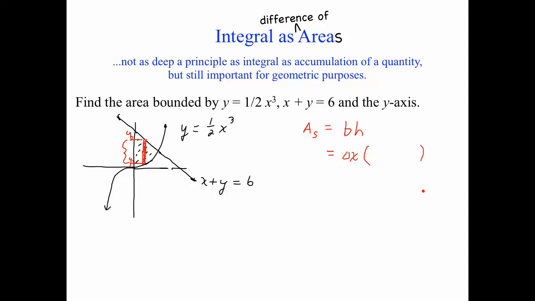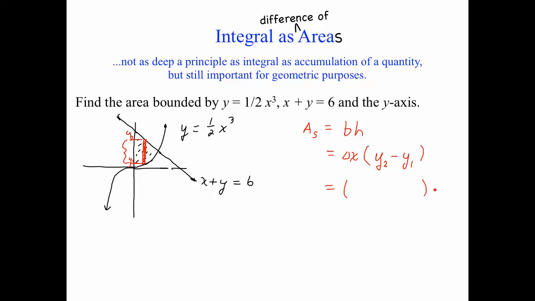Y2 minus y1 would be the height of our strip, right? But if it's delta x, then we need to get everything in that area formula in terms of x. So we need y2 in terms of x and y1 in terms of x.